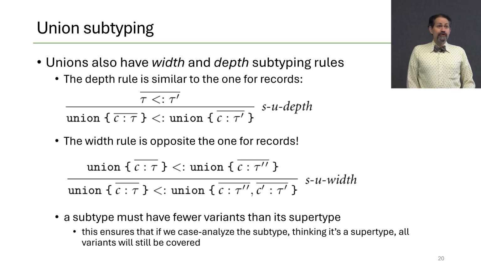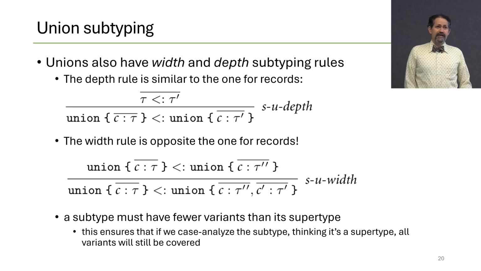Just like records, unions also have width and depth subtyping rules. So the depth rule is similar to the one for records. If tau is a subtype of tau prime, then a union of tau and other taus like it will be a subtype of a union of the constructors with type tau prime. We also have a width rule, but it's actually the opposite of the one for records.